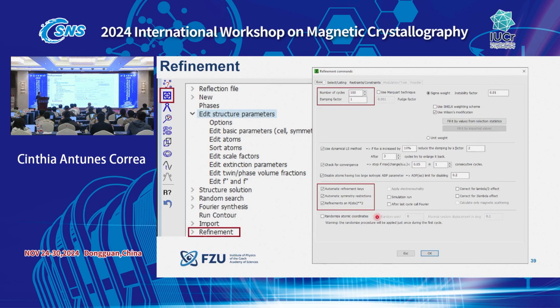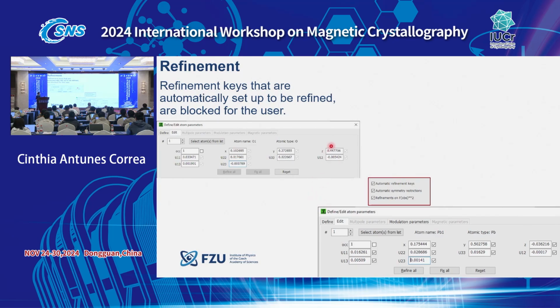For the refinement itself, we have here automatic refinement keys and automatic symmetry restrictions. You can also choose to refine either on F or F square. If you have these automatic refinement keys enabled, it means that several parameters will be blocked in the refinement, and you cannot modify them.